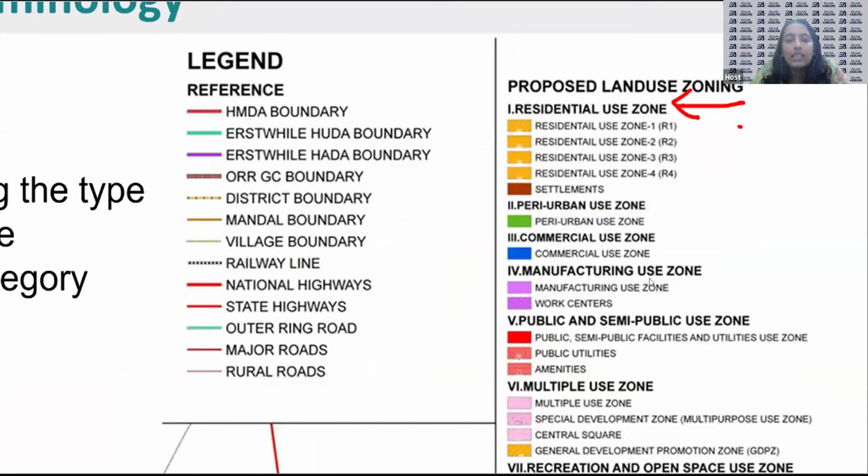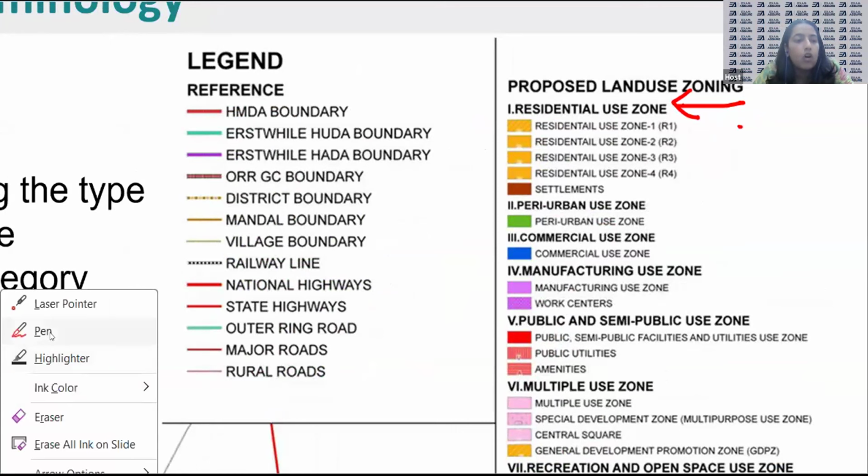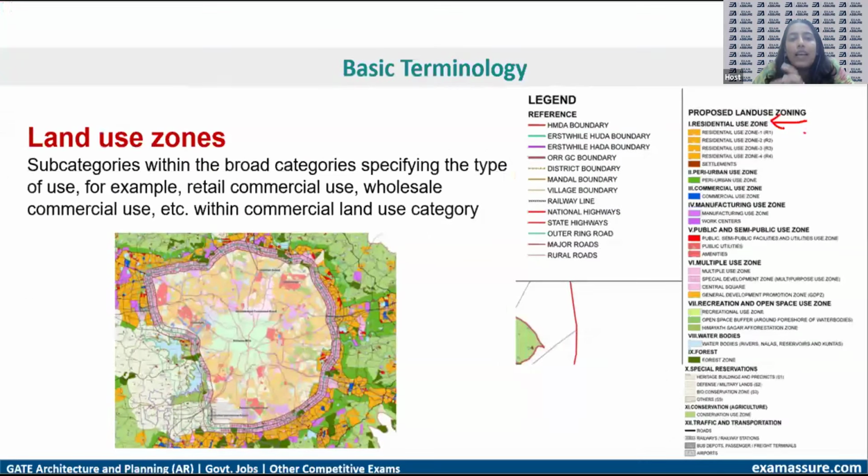Under manufacturing, I see two different zones, manufacturing use and worker center. For public, semi-public, we have public, semi-public facilities, public utilities and amenities. So these are the subcategories of land use zones that are used for your planning.